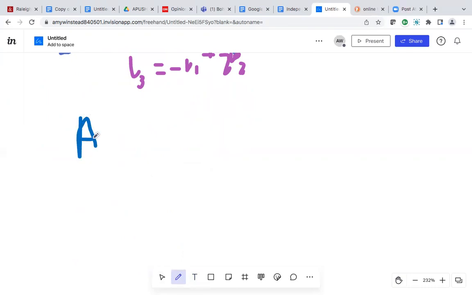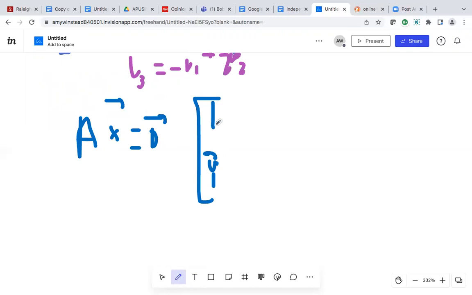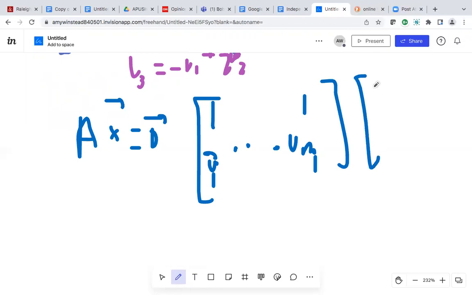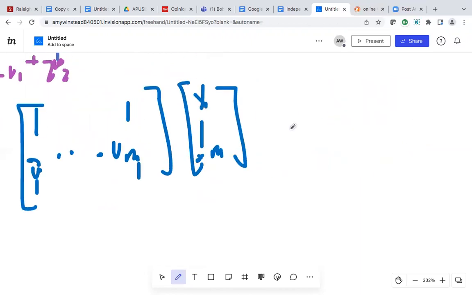So in this case, A times vector X equals the 0 vector is also the same thing as saying V1 ... Vm times X1, we get the gist, through Xm equals 0. Now we can dot product this, right?